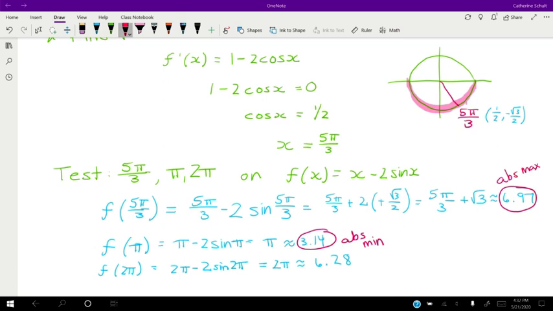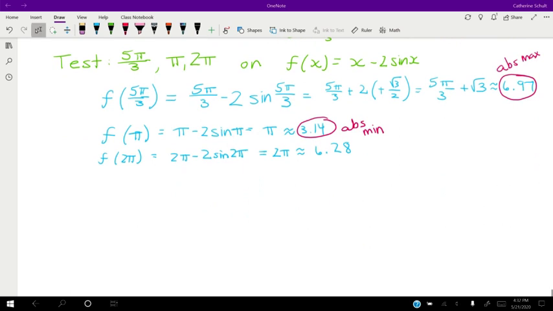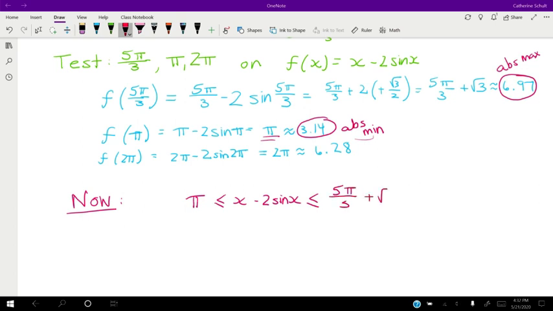All right, so now that we have those two numbers, we have our function x minus 2 sine of x, and it's going to be bounded below by the absolute minimum, pi, and the absolute maximum was 5 pi over 3 plus root 3 on the interval pi to 2 pi.